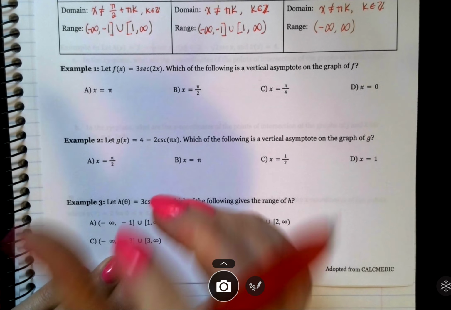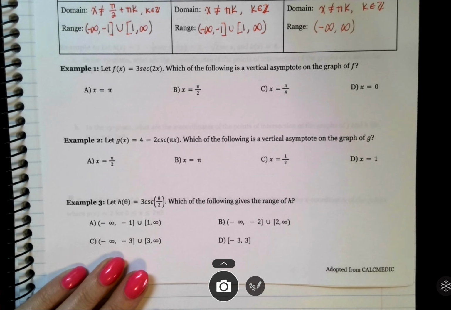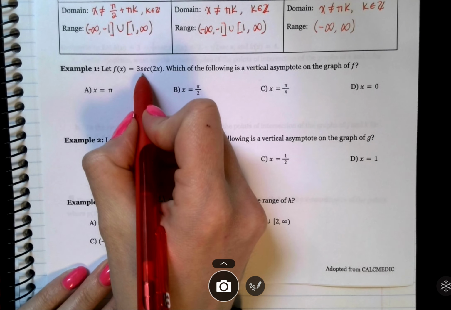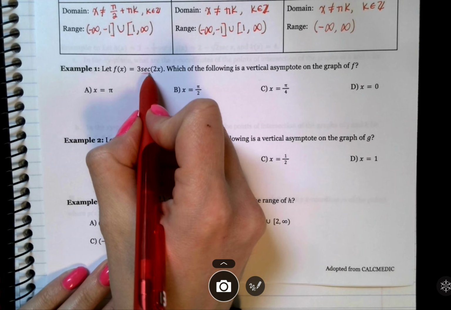So there's two ways to do this. If you have the domain memorized for secant, you can think of this 2 as a period change where it's getting compressed by a factor of half. Or we can remember that secant by definition is 1 over cosine.